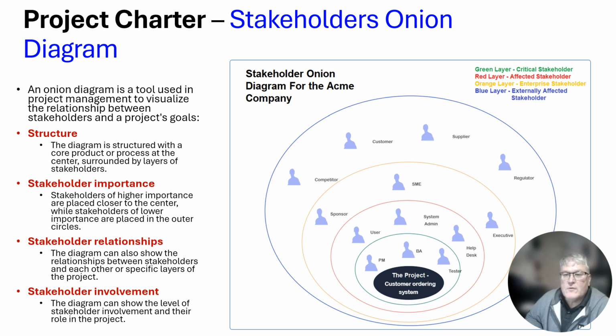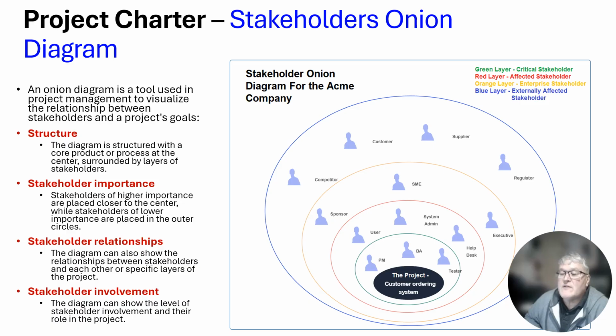This graphical provides a representation of what's known as an onion diagram. Just like an onion, you peel back the outside layers and you get to a different layer inside. That's the premise for calling it, I guess, an onion diagram. So if you notice in the diagram at the right, the green layer is critical stakeholders.